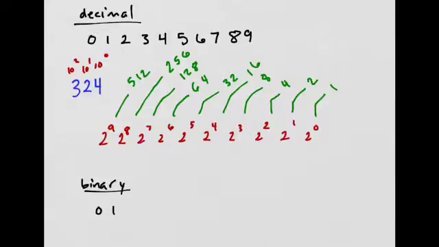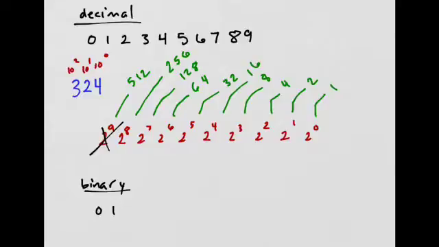So if I'm trying to write out 324, I'm going to start out with my 2 to the 9th spot. 512 is already too big, so I can't have a 2 to the 9th. So my 2 to the 9th spot is empty. I don't actually need that.